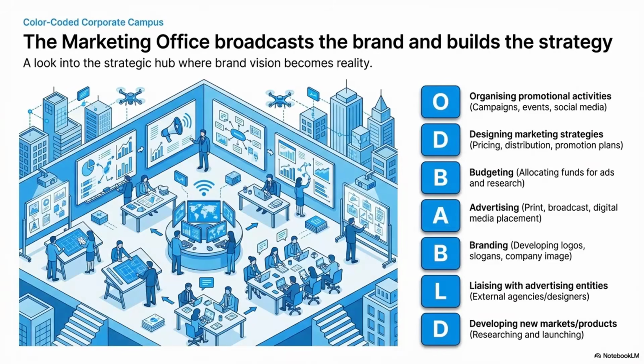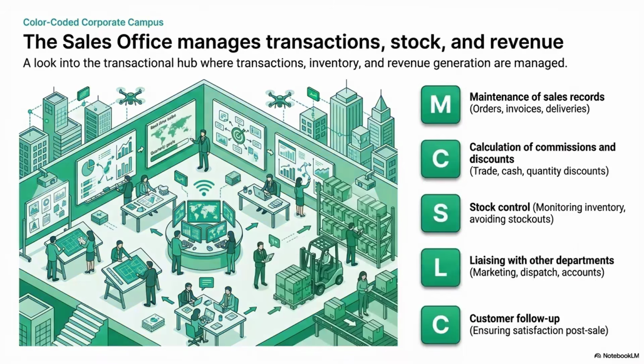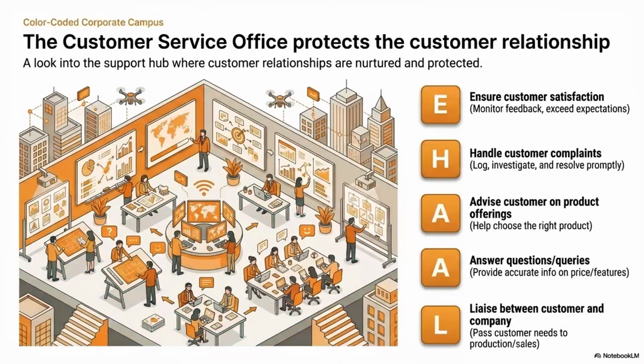So you notice the marketing side focuses on getting the information to the customers. The sales side looks at the transaction itself. And the customer service side looks at the interaction with the customers.